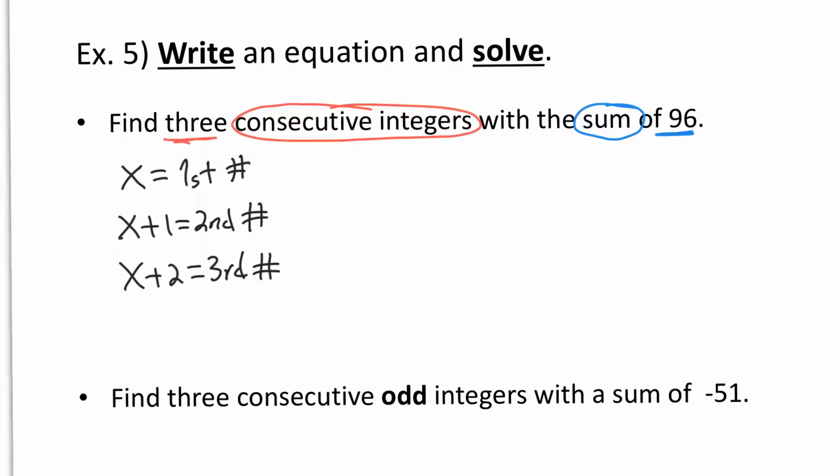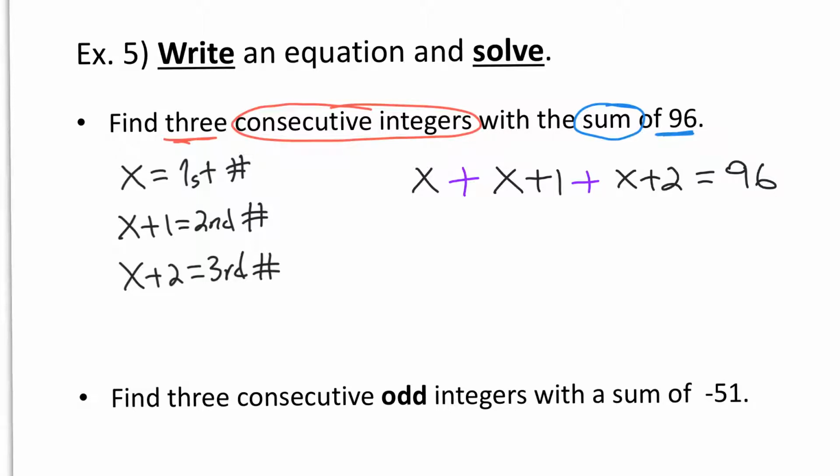So the way we write down the equation, we need to use what we know about the numbers, and the sum has to be 96. So this is my equation. I'm going to have my first number plus my second number plus my third number equals 96.